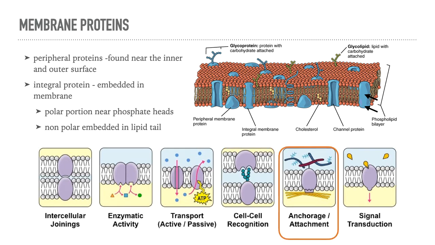Importantly, cells are also going to have to attach to things both inside and outside the cell. So within the cell, there are several cytoskeletal proteins that give our cells shape. And the integral membrane proteins will often grab onto those cytoskeletal proteins. The same thing happens in an extracellular environment.